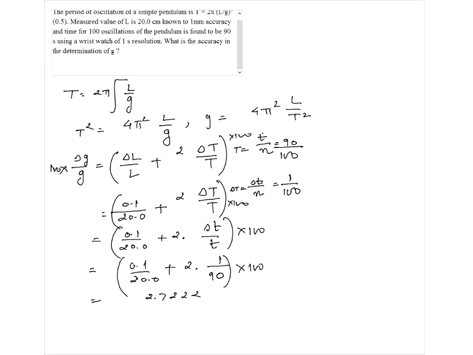So that's what it is coming out to be. So many decimals are not required. So 2.7% or close to 3%. That's it. Any questions? If you have, then let me know.